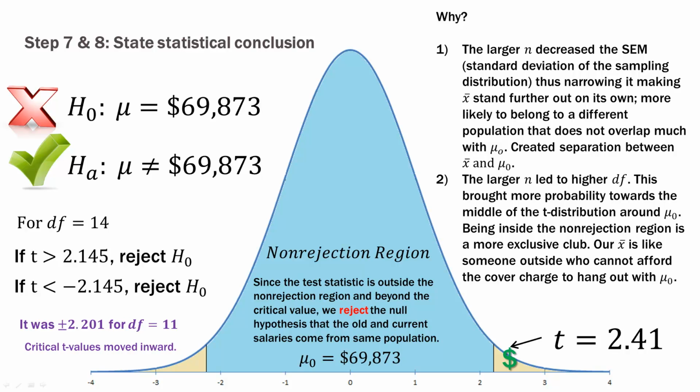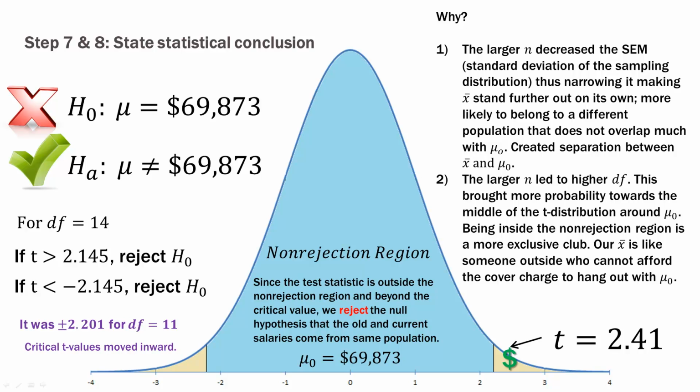So being inside the non-rejection region, this blue area, is a bit more exclusive club. So you can think of our sample mean as kind of like someone outside the bar who cannot afford to get in to hang out with the cool people. So two things went on here, and that's why we went over all that conceptual information. The larger sample size decreased the standard error of this distribution, so it kind of sucked in towards the middle.